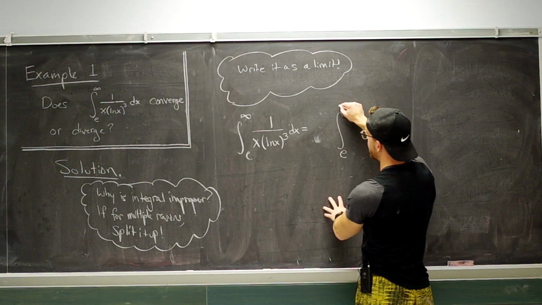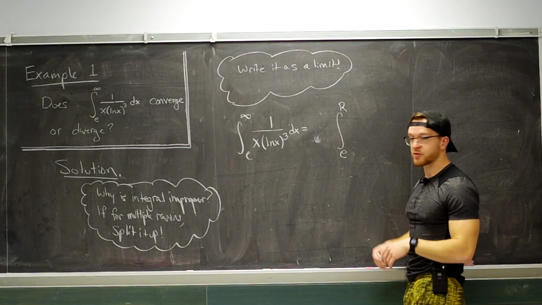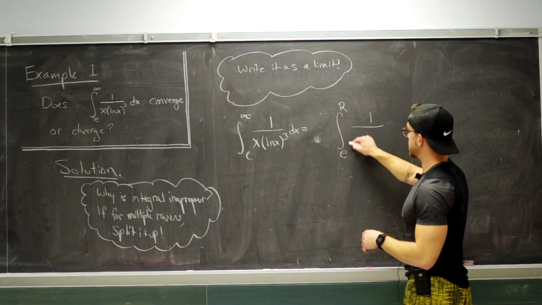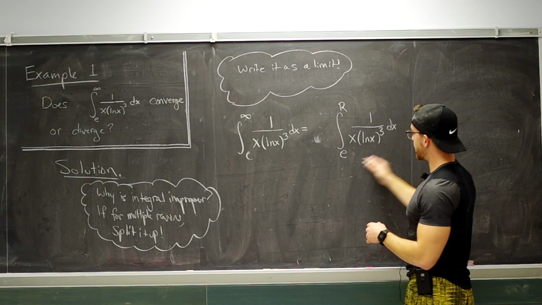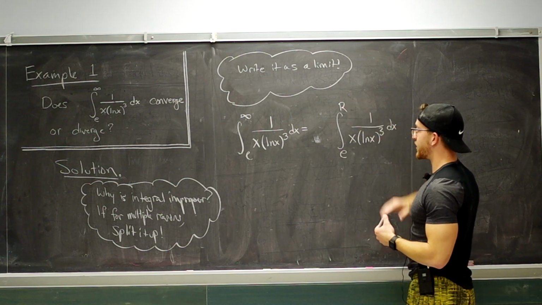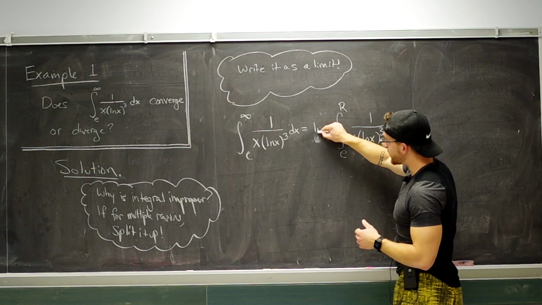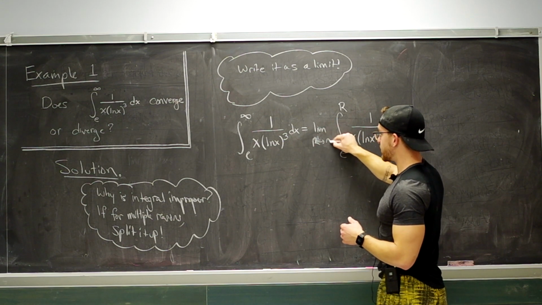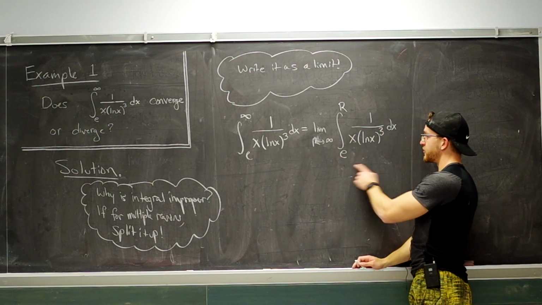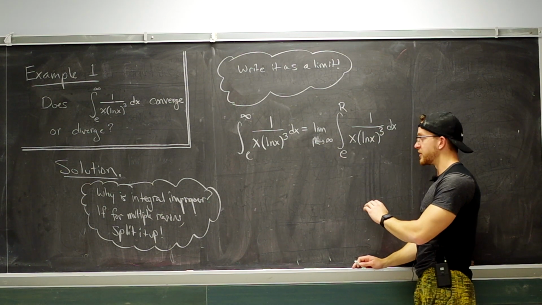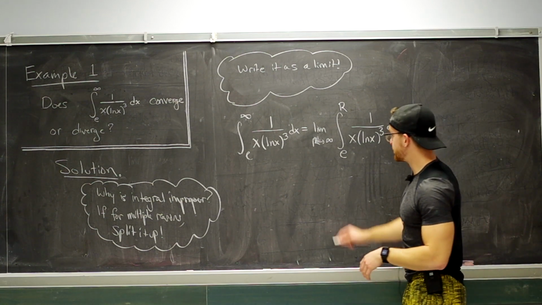So in place of the infinity here, I'll just put a variable. I'll call this capital R, or whatever you want to call it. This makes sense if R is a finite number. And then this is just the limit as R goes to infinity of this integral. Now from here on out, this expression will evaluate as always, and then we just have a limit to take at the end, and we'll be done.